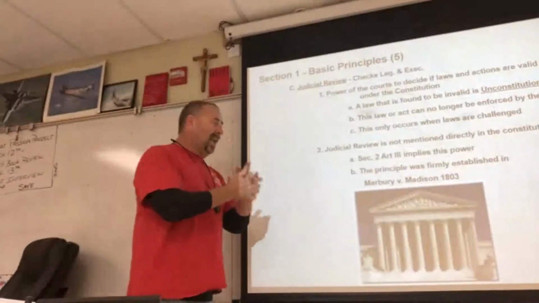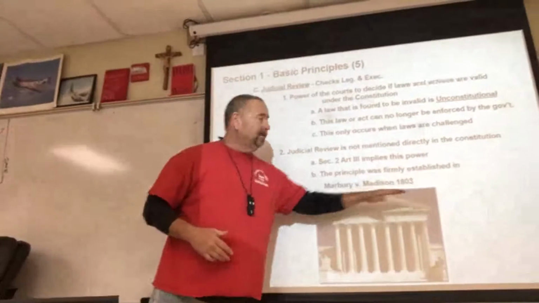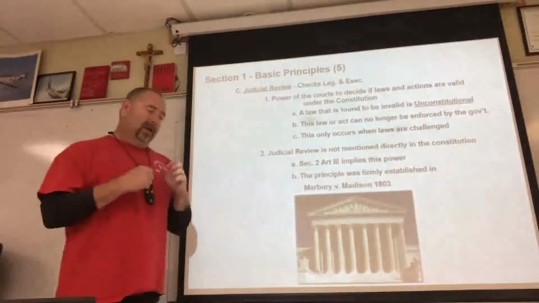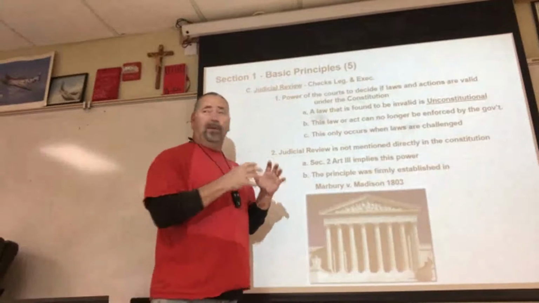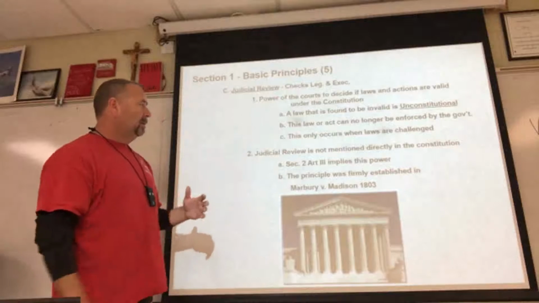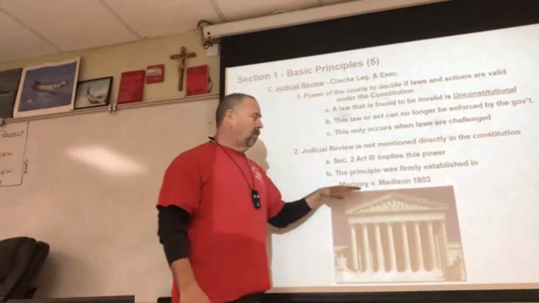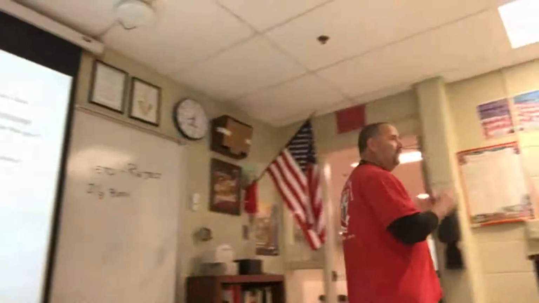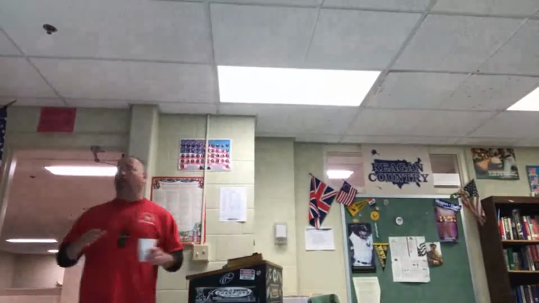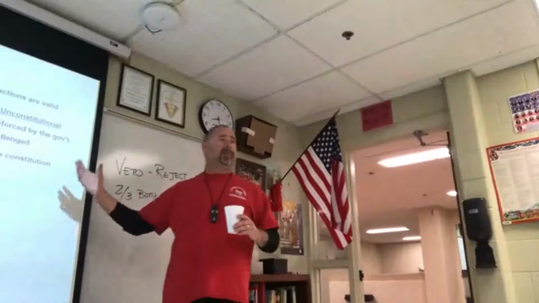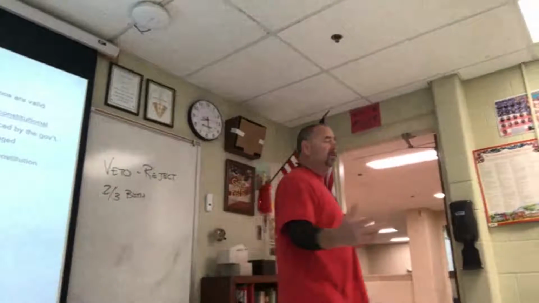And so there was a case in 1803. Article 2 kind of implies this power. Federalist Paper number 73 reinforces that implication. And so this court case, Marbury versus Madison in 1803, gave the Supreme Court judicial review. Okay, so it went from a very weak of the 3 branches to a very powerful 3rd branch.